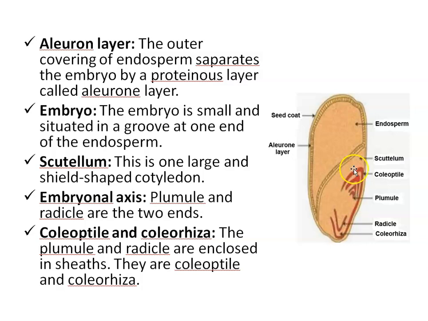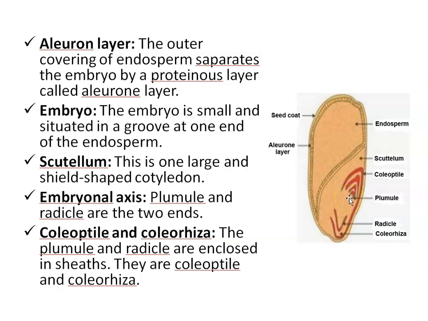So then scutellum. Scutellum is one large and shield-shaped cotyledon. This is scutellum. Then embryonal axis. This is embryonal axis. Here, plumule and radicle are the two ends of the embryonal axis. This is plumule and this is radicle. Then coleoptile and coleorhiza.